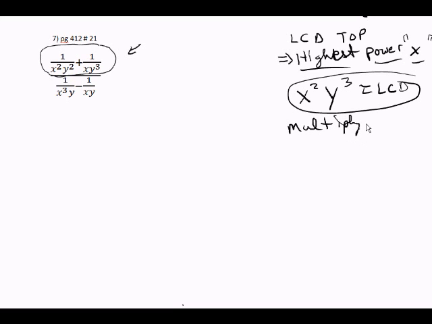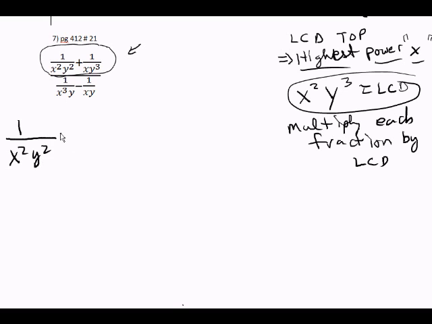You always ask what is the highest power of whatever letter we're talking about. This is my LCD. You're going to multiply each fraction by your LCD. So watch what I do.